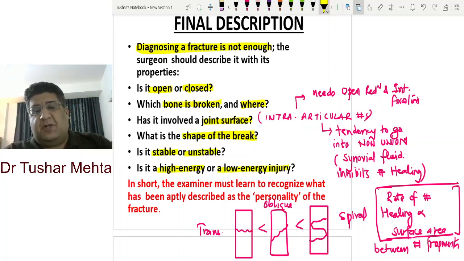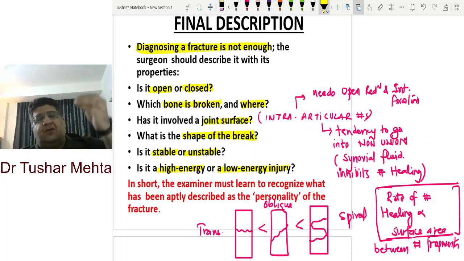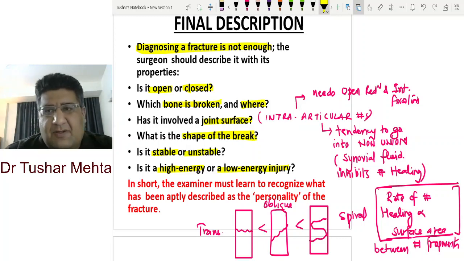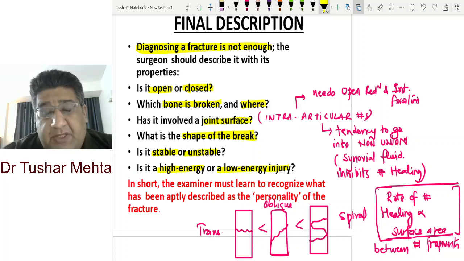So I repeat, the moment you see a fracture, closed or open, you have to see which bone is broken and where, whether it involves the joint surface on an X-ray, what the pattern is, whether it is stable or unstable, whether there is a shift, a tilt, a rotation, high or low energy trauma, and the status of the distal neurological and vascular condition. Then you are good to go for a higher investigation if needed. So guys, this was the utmost basic aspect of a fracture.